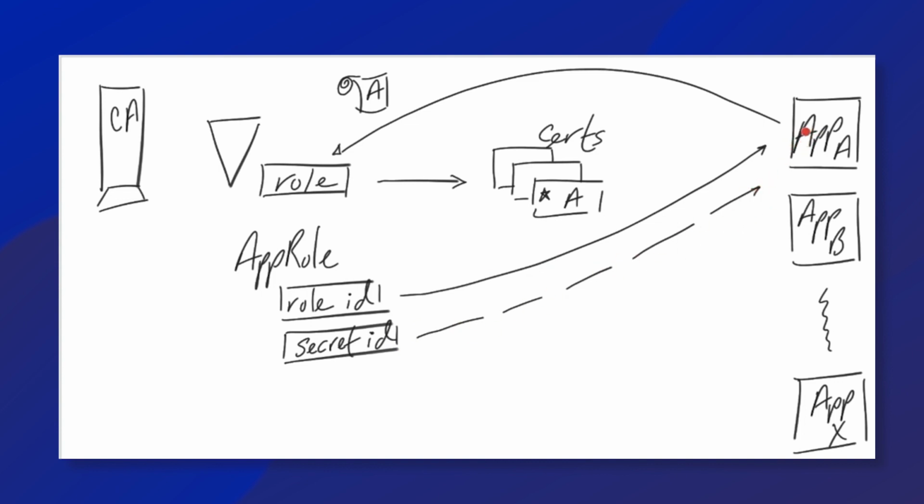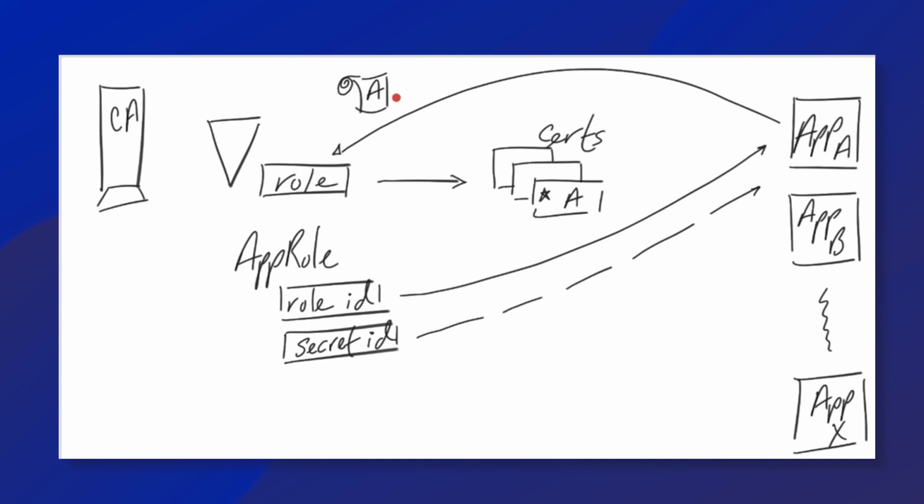So either way, jump ahead to the point where App A now knows everything it needs to know to authenticate to Vault, does so, hits AppRole in Vault, and is issued a token that has policies associated with it. One of those policies is going to be associated with certificates, requesting certificates, renewing certificates, that kind of thing.